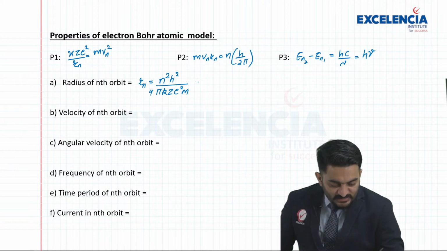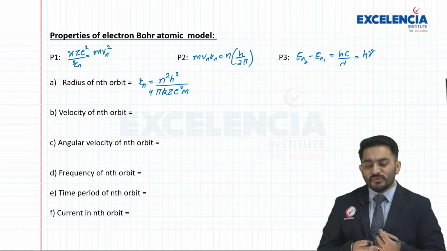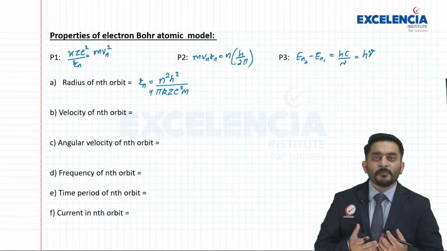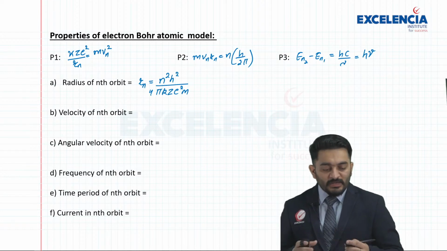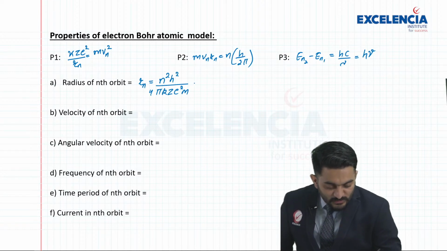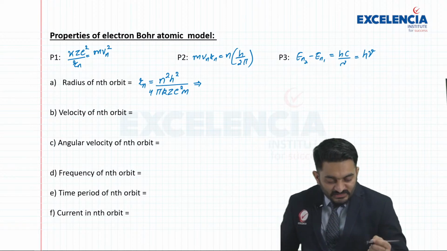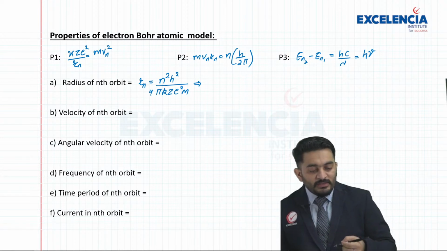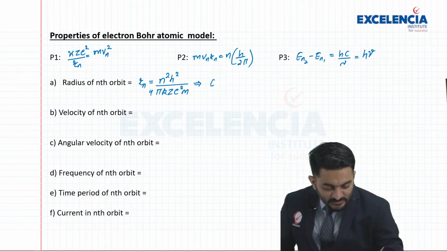And in this case, if you see the relation which we need to know, we always know the relation in terms of n and Z, where n stands for the orbit number and Z stands for your atomic number. So what you need to do here is, if you solve for h, 4 pi, k, e square, m, all these values are constants, so I would suggest you better remember this number as 0.59.